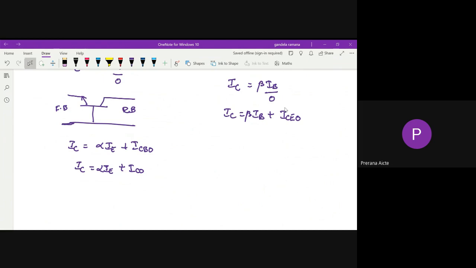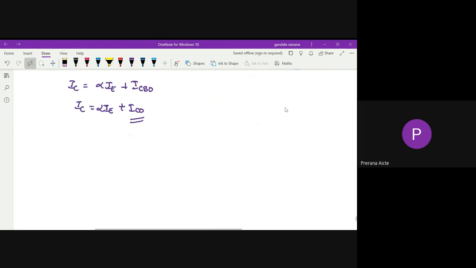Here in CB, IC is equal to alpha IE plus ICO. So are this ICO and that ICO equal? Not equal. Why? In the CB configuration, IC is equal to alpha IE plus ICO. We know very well how to write IE: IE is equal to IB plus IC, the emitter current is equal to base current plus collector current.